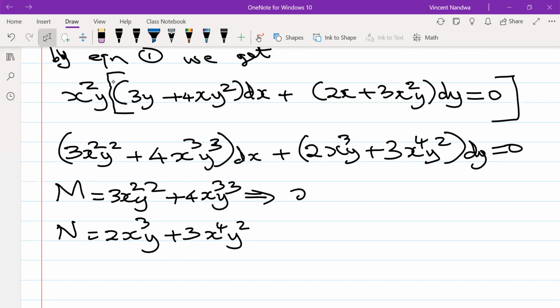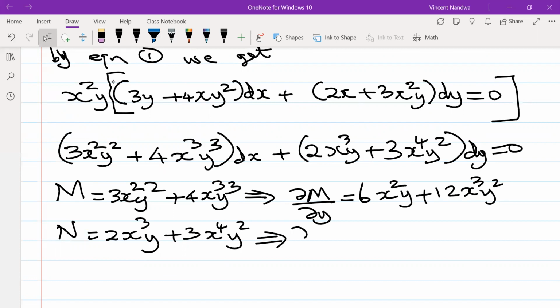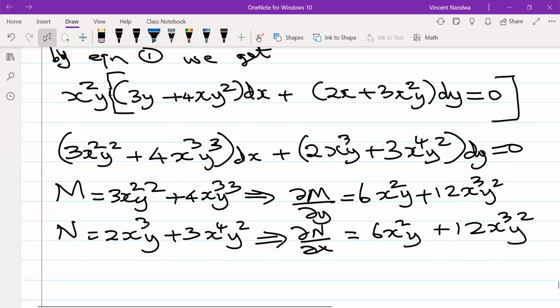And from this new M, partial M partial y gives us 6x squared y plus 12x cubed y squared. Partial N partial x will be 6x squared y plus 12x cubed y squared.